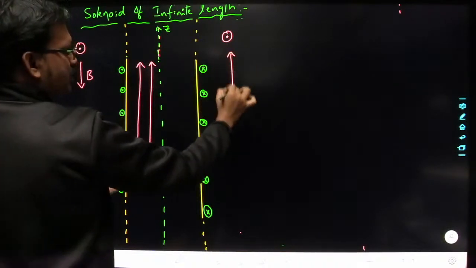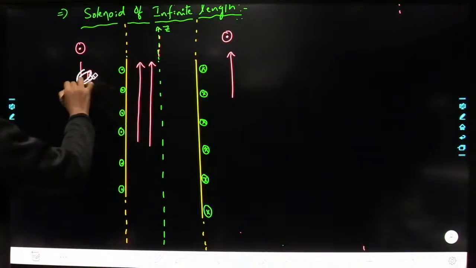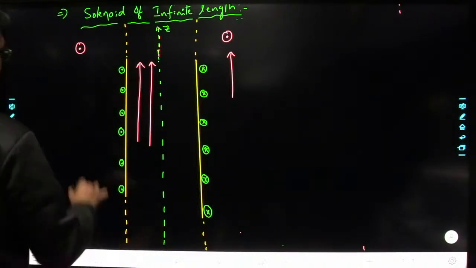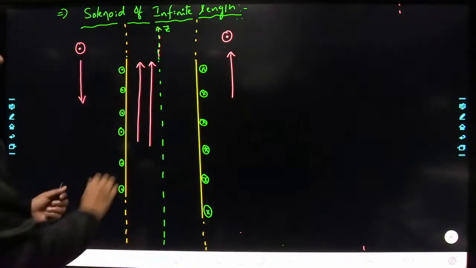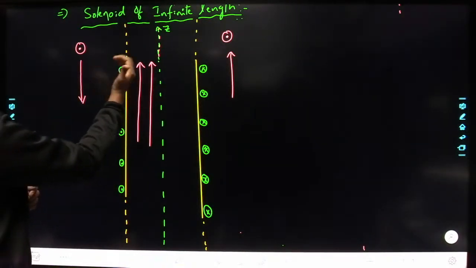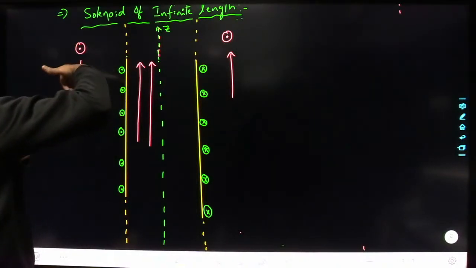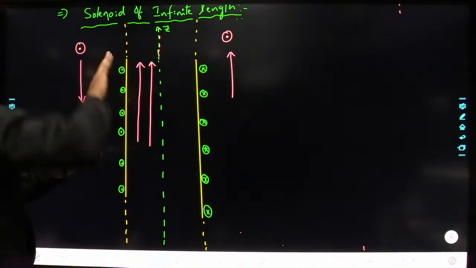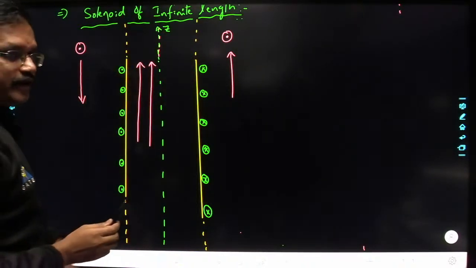It is going to point in upward direction. Right? See, if the current element is pointing out of the board, to the left of this current element the B field is going to point in downward direction, and to the right of this current element the B field is going to point in upward direction. So that's what I have represented, right?